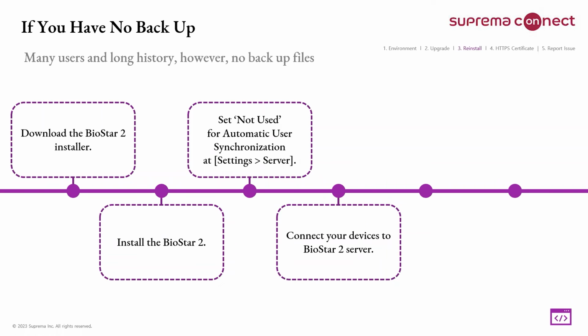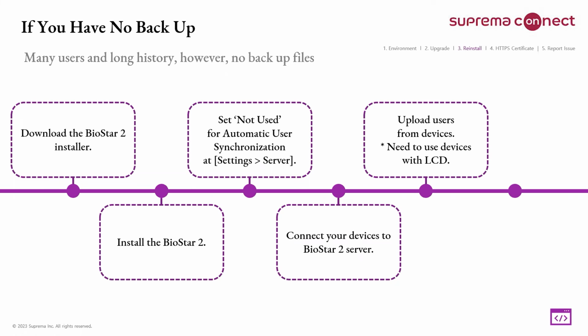Connect the device to the BioStar 2 server. Choose the one with the most users and LCD among these devices, and upload the users from the device. The reason for choosing a device with an LCD is that users' name information is only stored on the devices with an LCD.